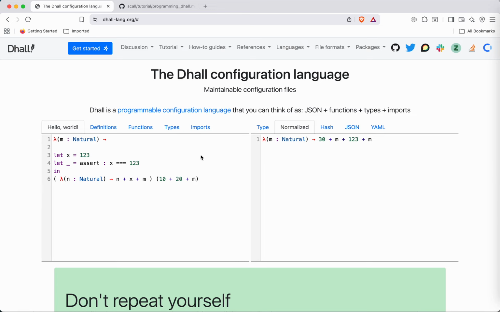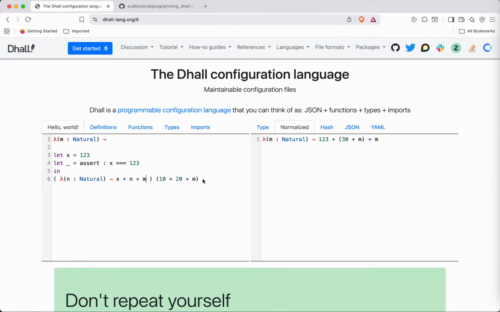Now you see it does simplify a little bit under lambda. So if I do this, let me try this. Right. So you see it tries to simplify, but it cannot always simplify to the shortest possible form.